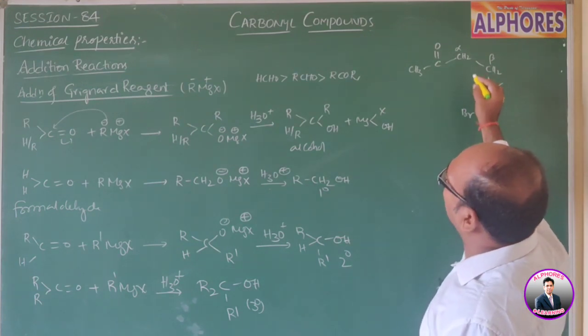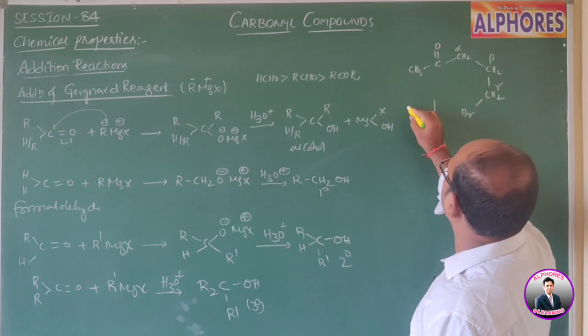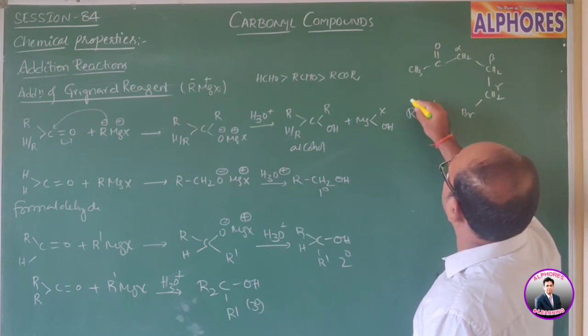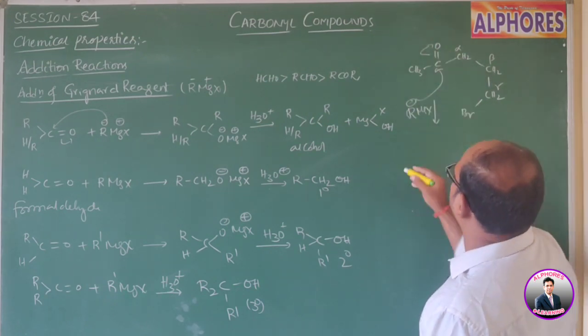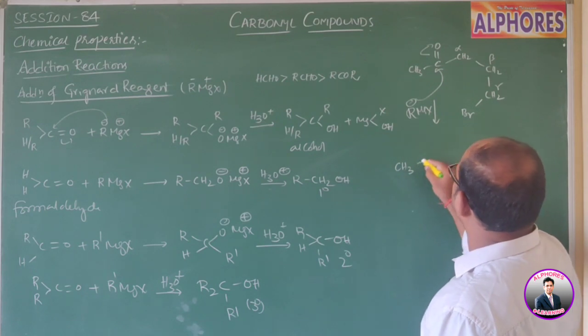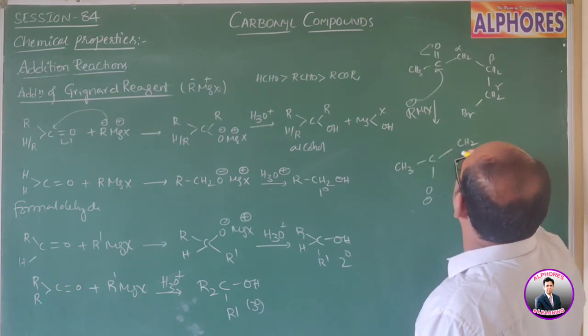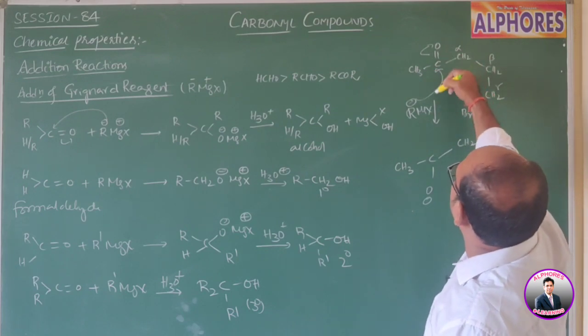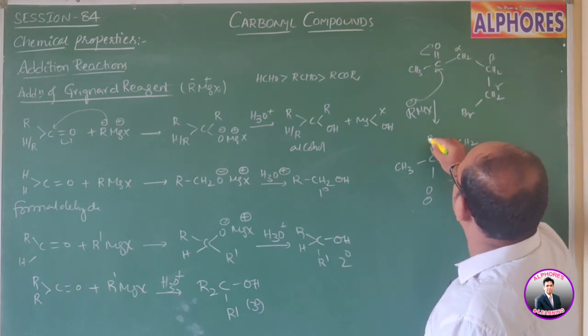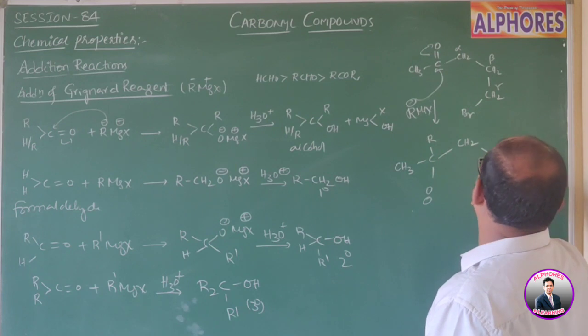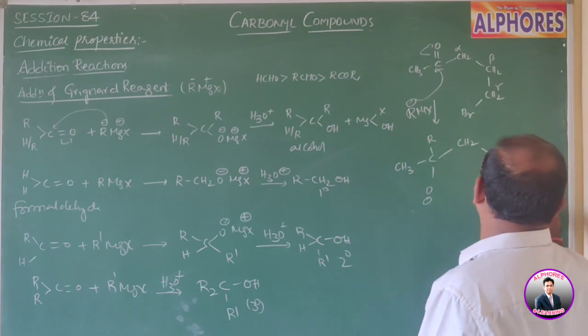These gamma haloketones, upon reaction with RMgX, R- approaches the carbonyl carbon, and we get CH3-C(O-)(R)-CH2-CH2-CH2-Br.